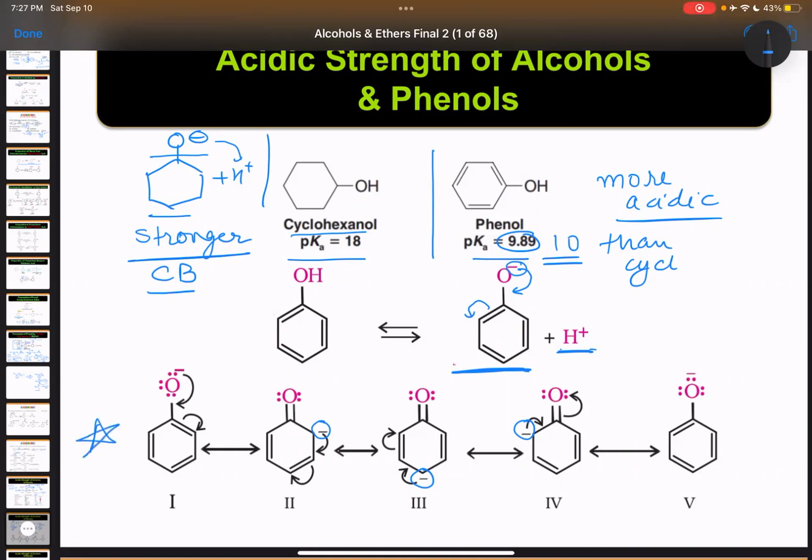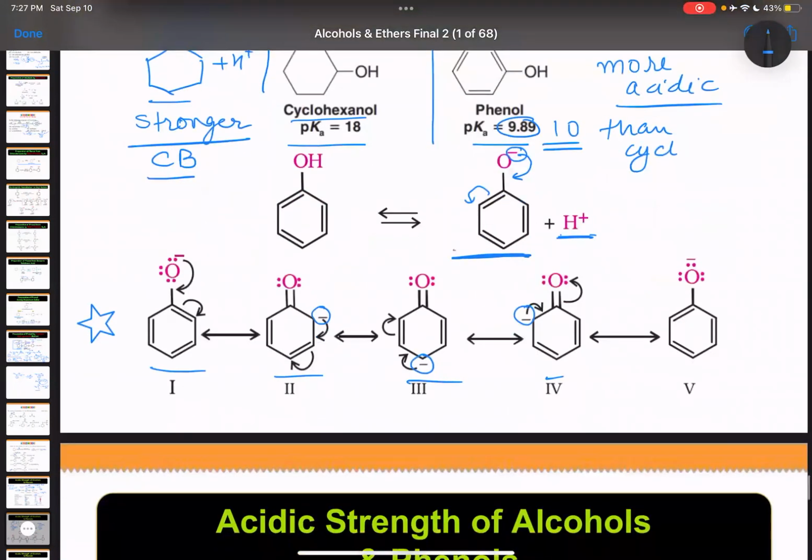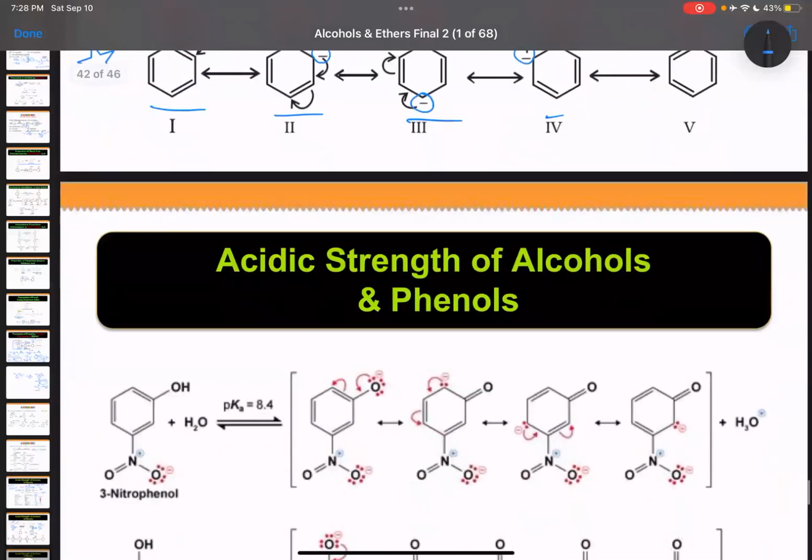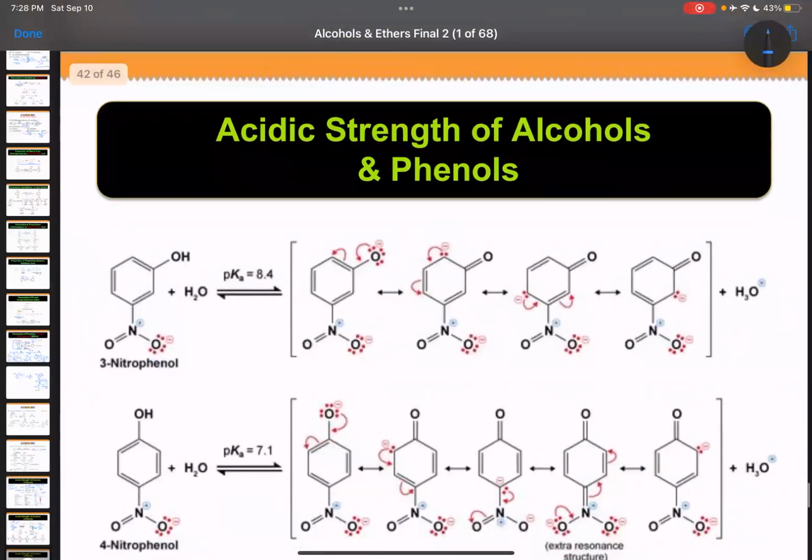But this is very important, you need to have those resonance structures in your mind always while doing the reactions of phenol. Because if you have substituted phenols, how is the acidic strength going to change? So this is metanitrophenol and this is paranitrophenol.